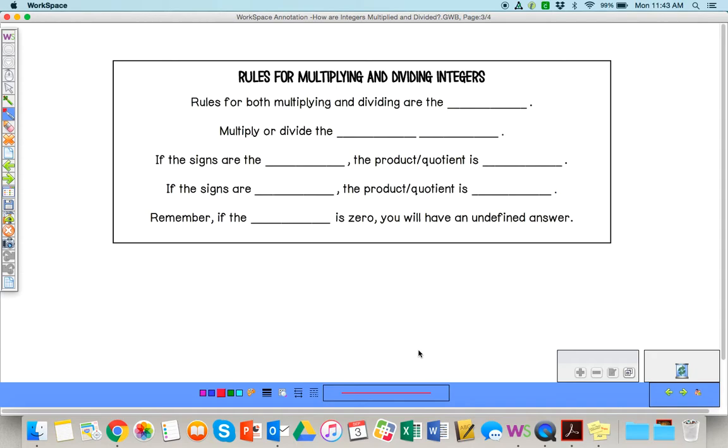So the rules for multiplying and dividing integers are the same. We multiply or divide the two numbers. If the signs are the same, the product or the quotient is positive. If the signs are different, the product or the quotient is negative.